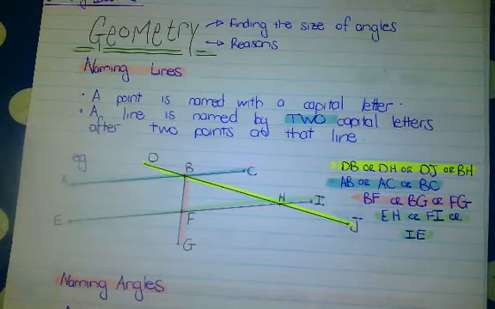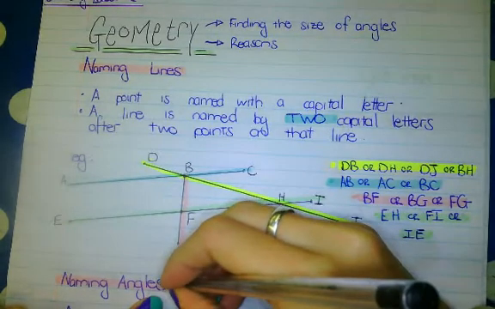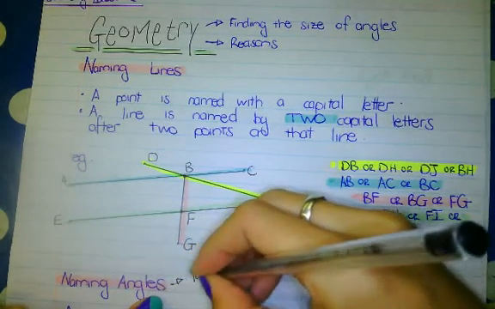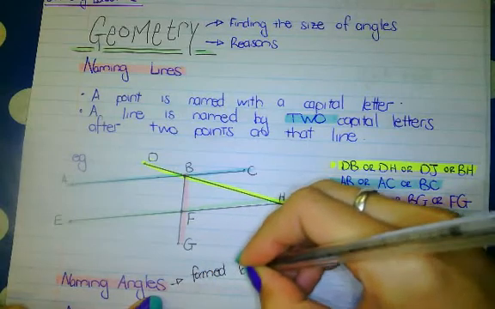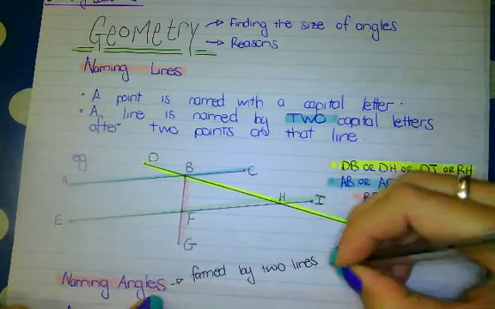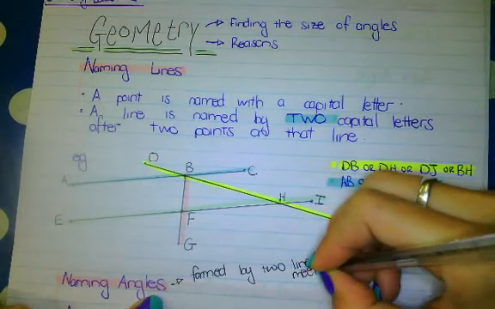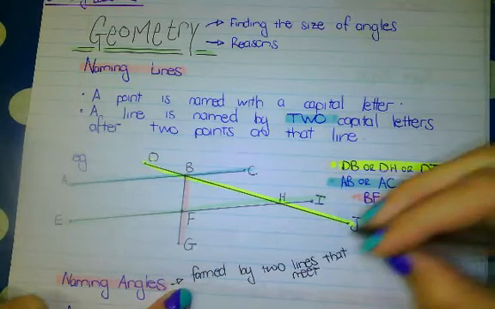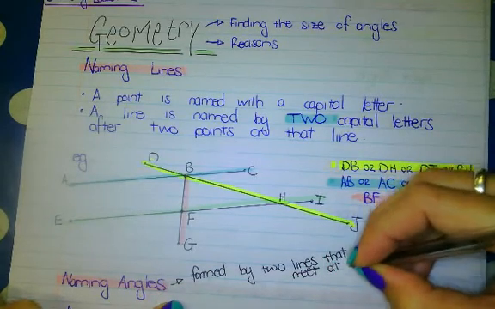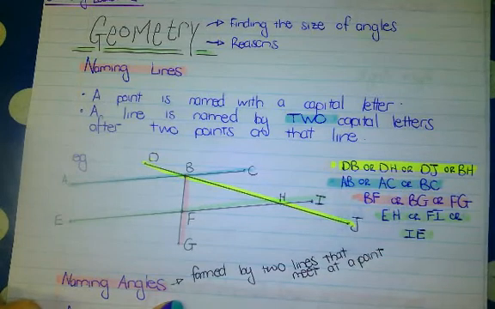Now remember, an angle is formed by 2 lines. Okay, so when you name an angle, you first need to understand what an angle is. Okay, it's formed by 2 lines that cross or meet each other. Okay, that meet at a point. They could cross each other, but very important, they must meet at a point. Okay, so something like this.